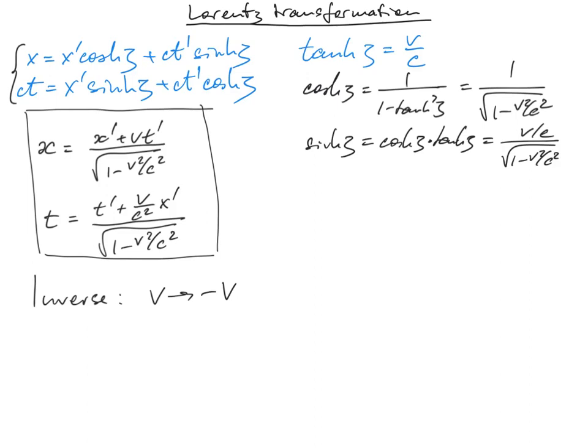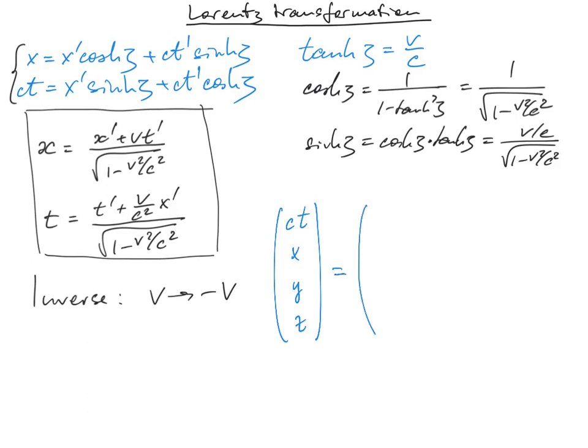Now let's also write a matrix representation of this transformation. So let's write this for column vector ct, x, y, and z. So those are the four-dimensional coordinates.